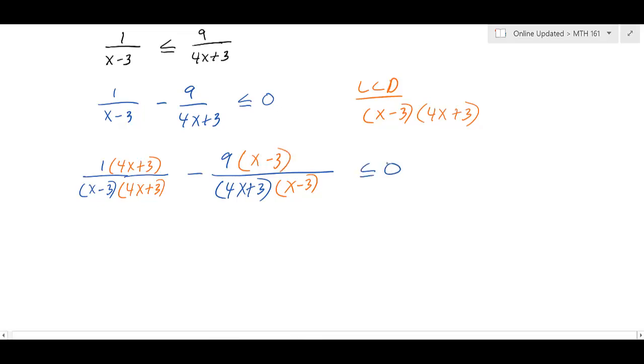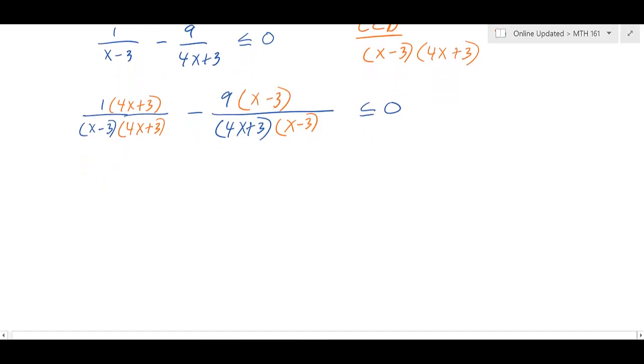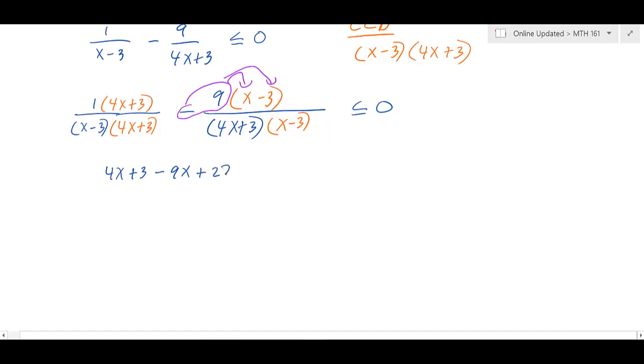So now that we have our common denominator, we're going to simplify the numerator here. So 1 times 4x plus 3 is simply 4x plus 3. And once again, as I distribute, I'm going to distribute the negative 9 to the x and to the negative 3. So that's going to give you a negative 9x. And 2 negatives will give you a positive 27, and this is all over the common denominator of x minus 3 and 4x plus 3.